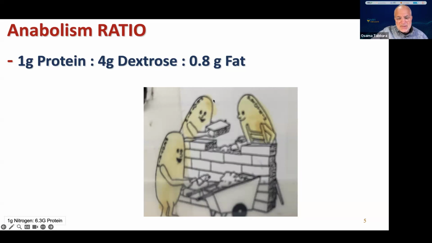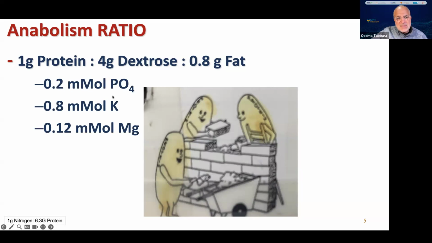Of course, when we build a building, we need to have all the tools. We need to have the finishing, the aluminium, the interior design, you name it. So those tools are mainly the intracellular ions, which are phosphate, potassium, magnesium, as well as the extracellular ions like sodium in particular.